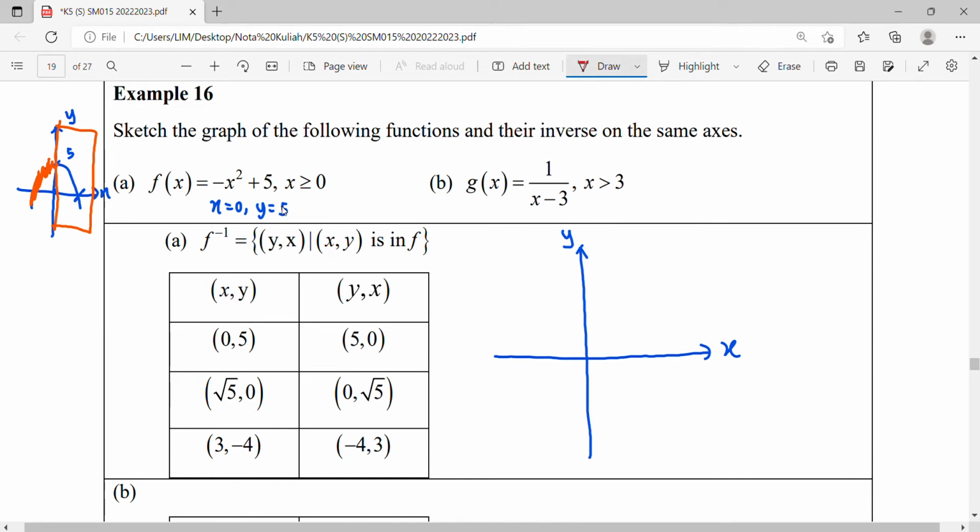So this reflection axis is y equals to x. y equals to x is a straight line with 45 degrees. If you cannot get 45 degrees, you divide this quadrant into half, into a symmetrical pattern. So here will be 45. This is the axis of reflection to get our inverse graph.